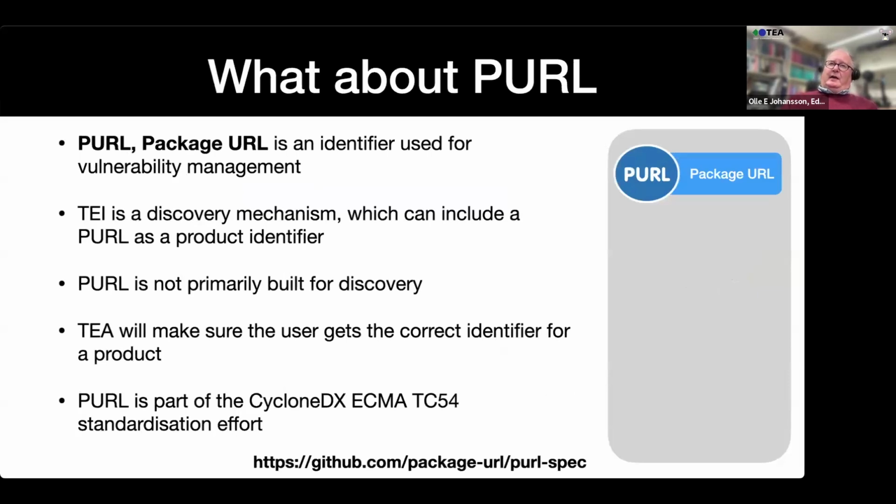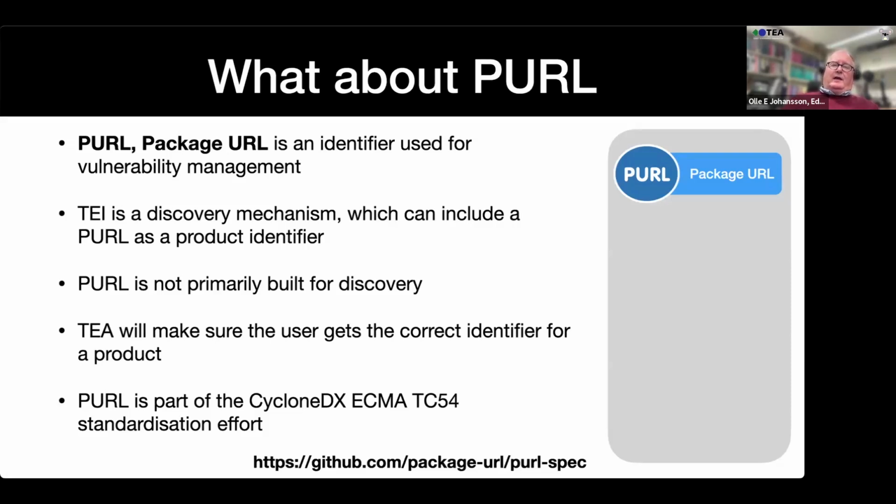The package URL is an identifier that's used frequently in CVEs, on osv.org and other places, and of course in software bill of materials. It's an identifier used for vulnerability management.